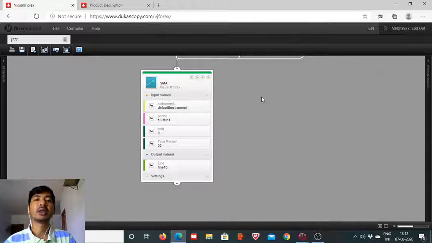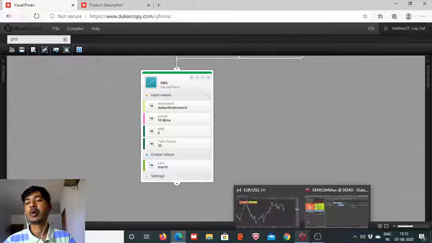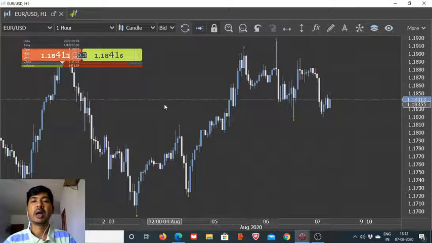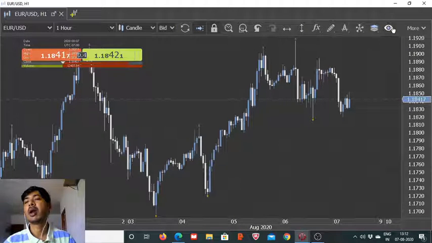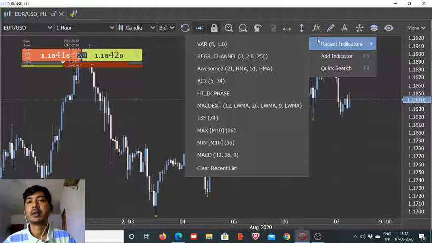Now coming to the simple moving average, we will also see its properties on the chart, so that it will be easier for all of us to understand how and when to use this particular indicator. Let's see if I have used this indicator recently.